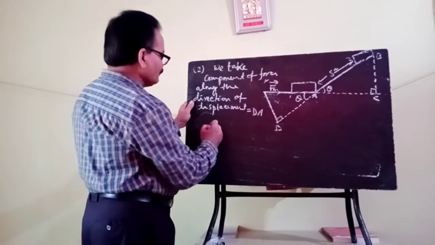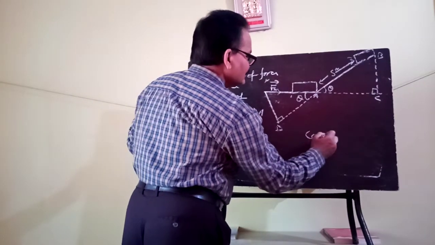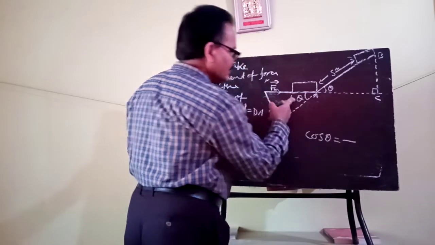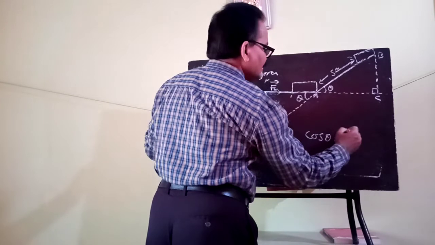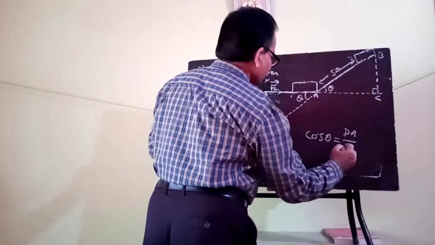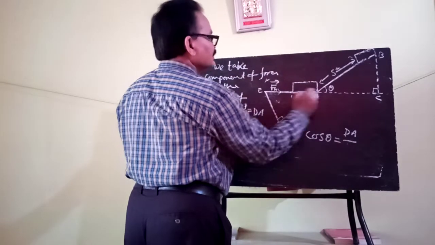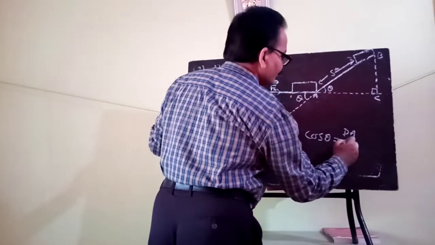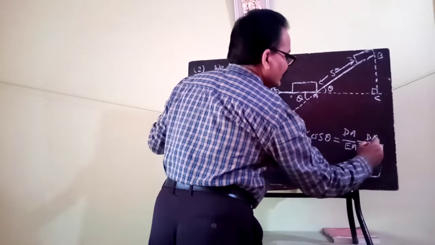So if you find out the cos theta, for this angle dA is the base, and the hypotenuse is your F Newton. That is, cos theta is equal to dA by F Newton.